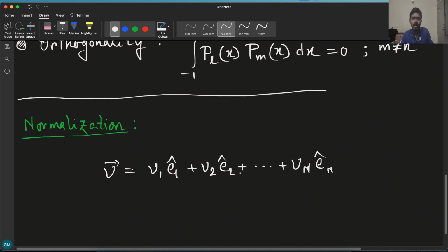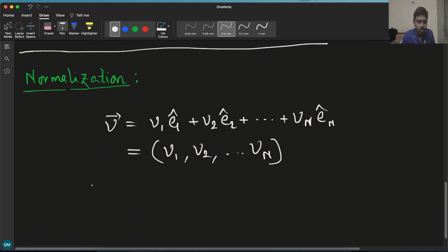These e1 hat, e2 hat, up to en hat are all the perpendicular or orthogonal basis vectors. As we're talking about an n-dimensional vector, there will be n such basis vectors, and it can also be written as the tuple v1, v2, dot dot dot, vn.